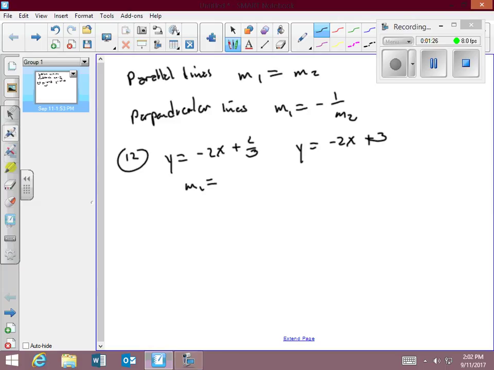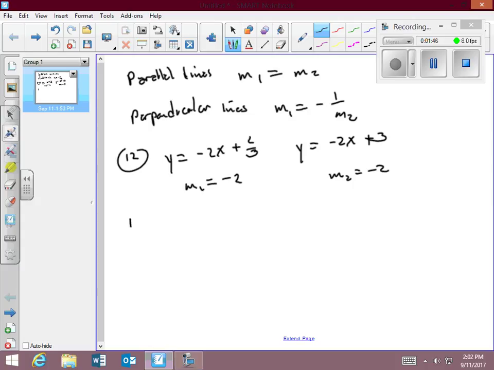What's the slope of that? Negative 2. Gage says negative 2. Everyone agree? Yes. What's the slope here? Are they parallel? By definition, they're parallel. Slopes are equal.